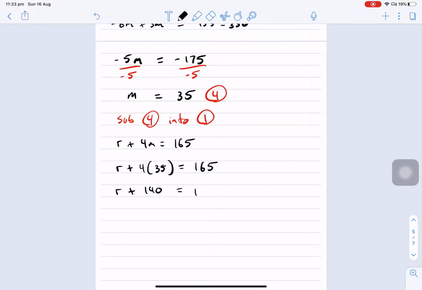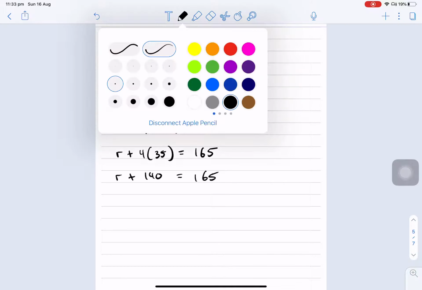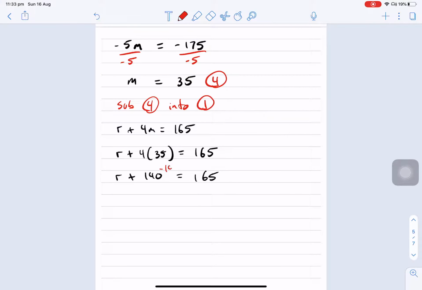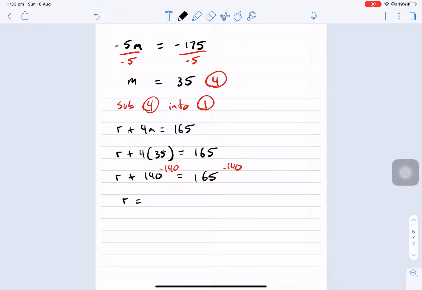Sorry, pen's playing up. And that means we'll take 140 from both sides. And what that gives us is R equals 165 minus 140. R equals 25.